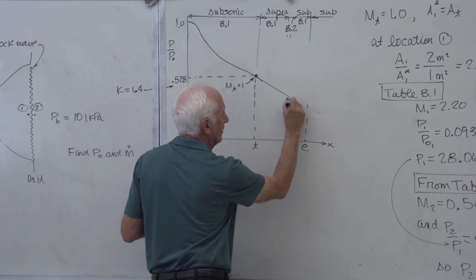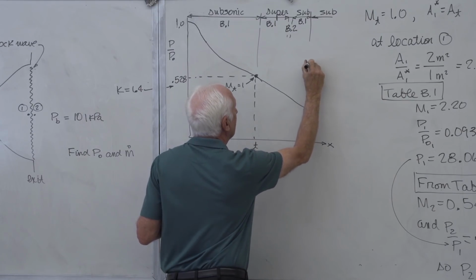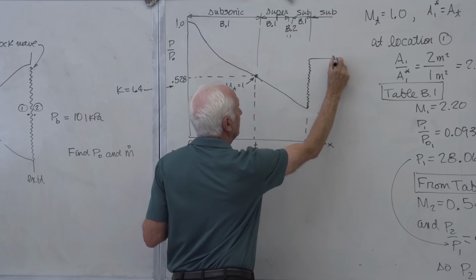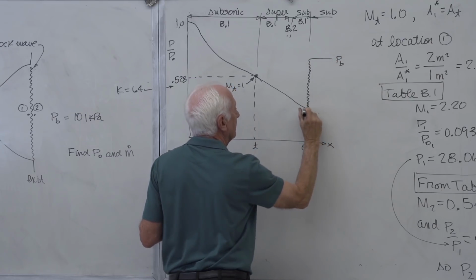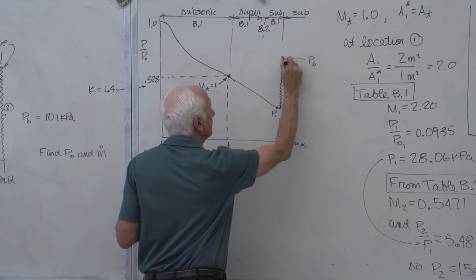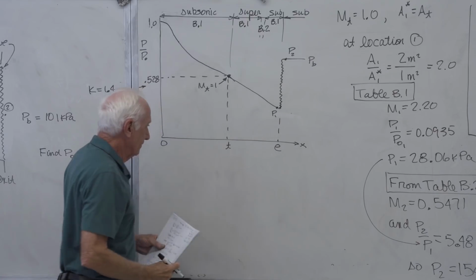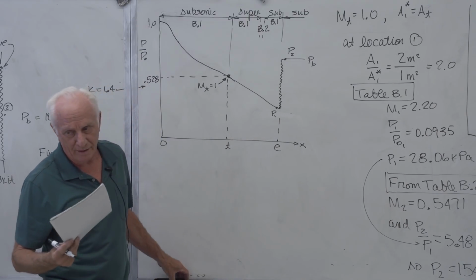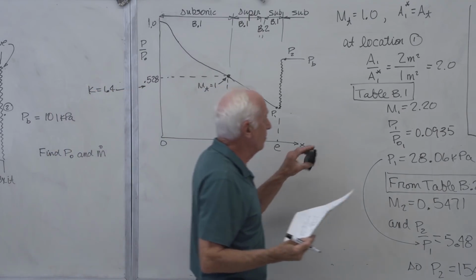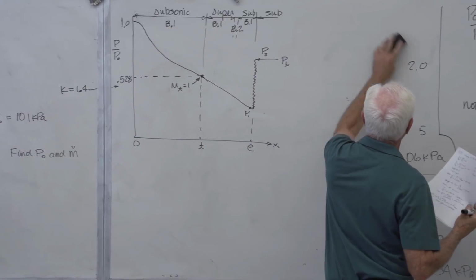Our roadmap now goes down here, shock wave at the exit, and goes out here. Here's P back, here's P1, here's P2. Okay, is it choked flow? Yeah, anytime there's a shock wave, we know we have choked flow.